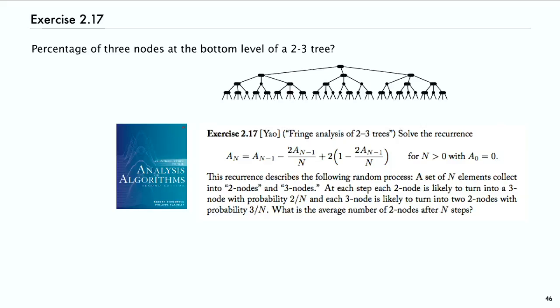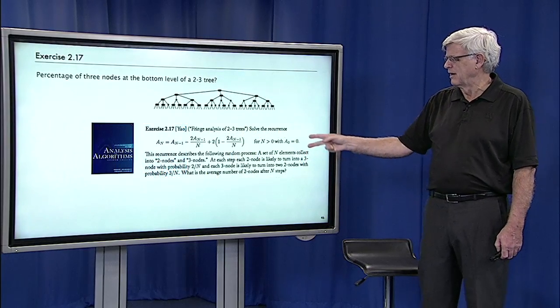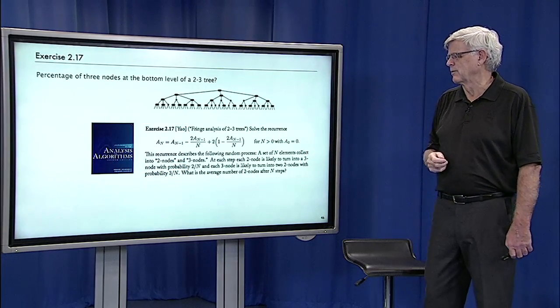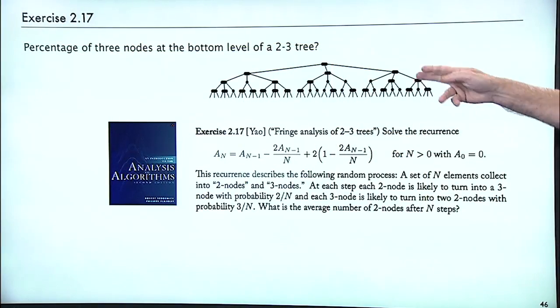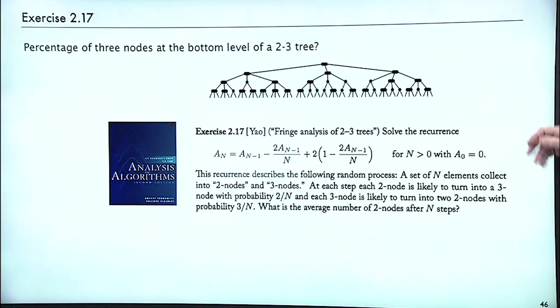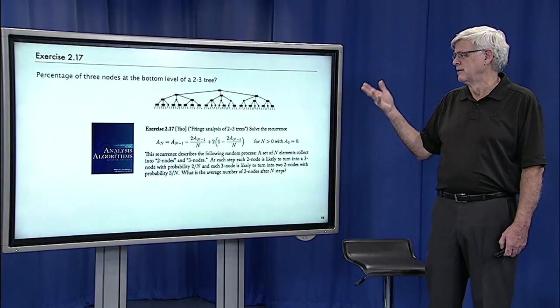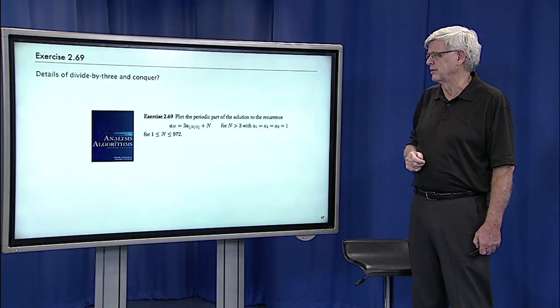It doesn't matter too much now what it is, but there was a paper by Yao that proved that a certain property of this tree is described by a first order recurrence. It's a complicated first order recurrence, and the problem is to go ahead and solve it. It's an interesting random process and leads to a solution that's definitely of practical interest.